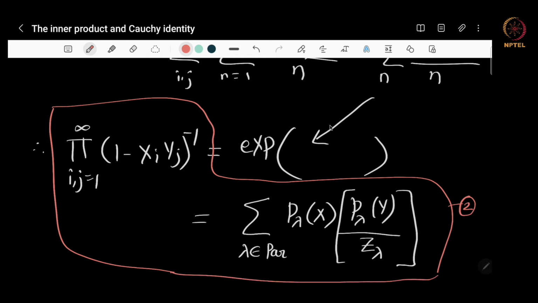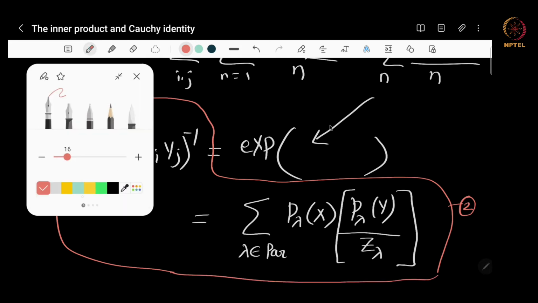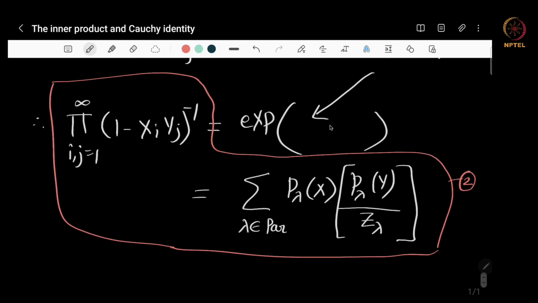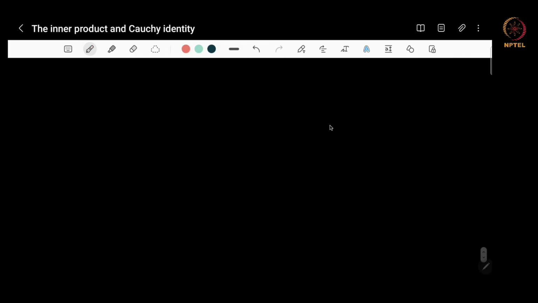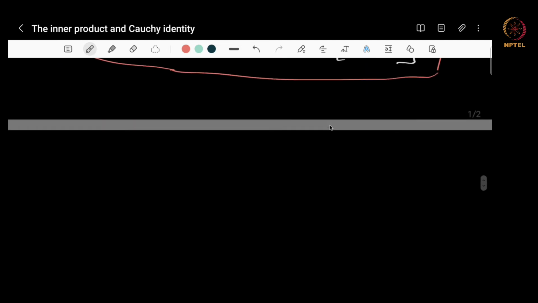Okay, finally let's do one more version of this, which is the same product 1 minus xi yj, but now we'll interpret it differently.